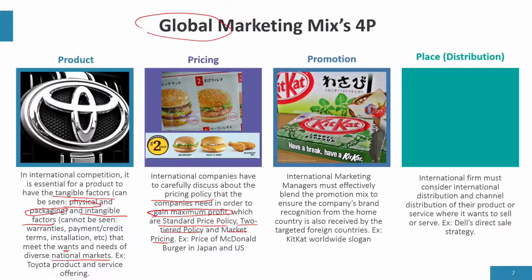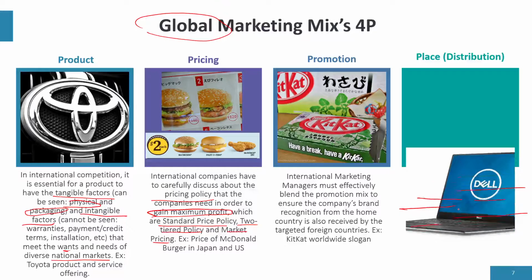International firms must consider international distribution and channel distribution of their product or service where they want to sell it. So the international distribution may include the transportation type, and the channel distribution may include whether it is a direct sale from the manufacturer to the customer, or from the retailer to the customer.